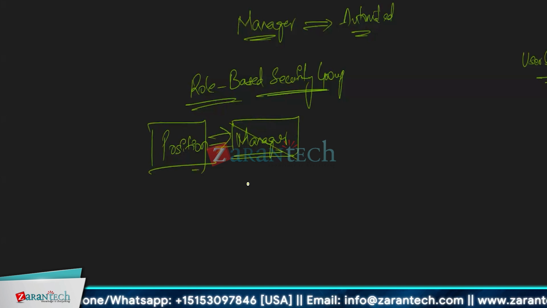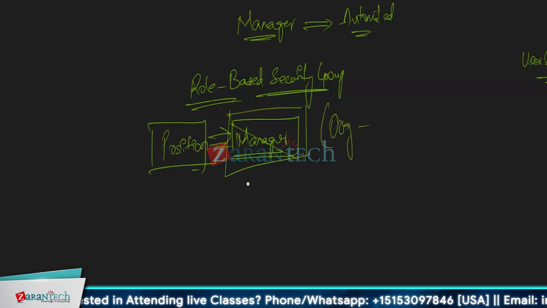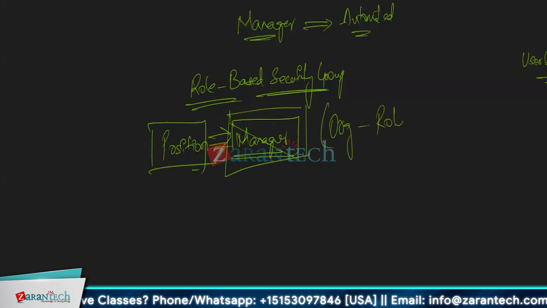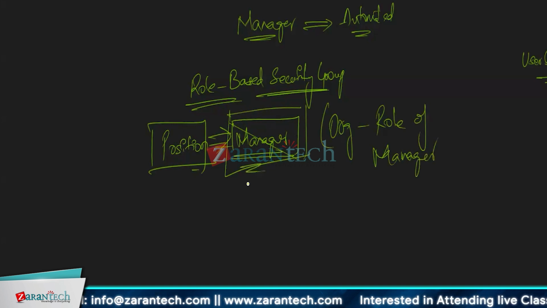You will create a position called manager in that particular supervisory org, and on the org level, you will assign the role of the manager to this particular position. I'll show you how it is done.